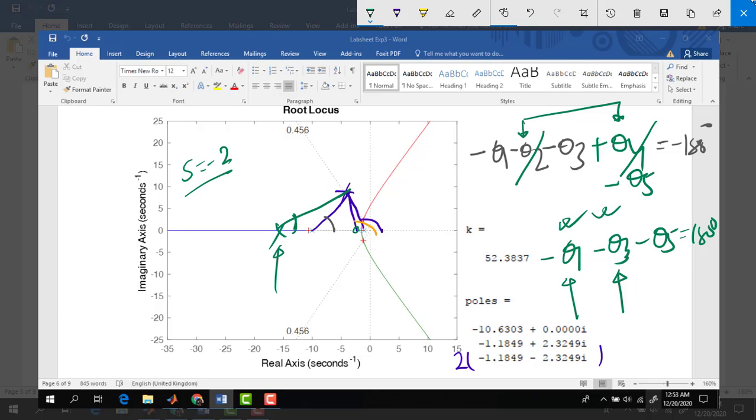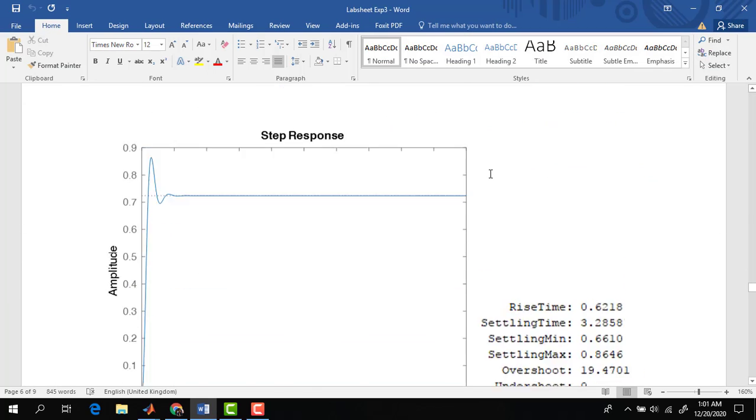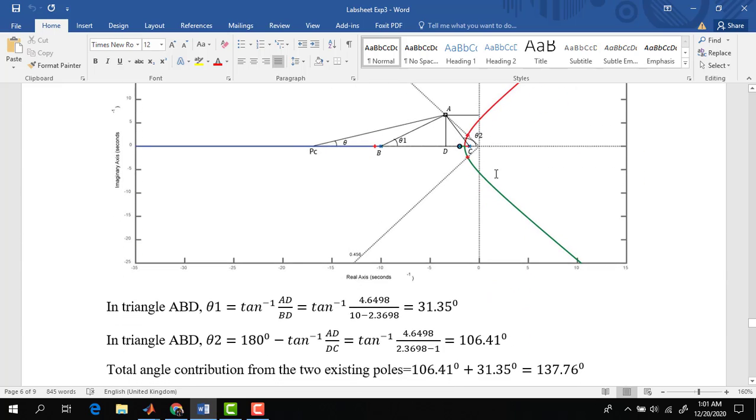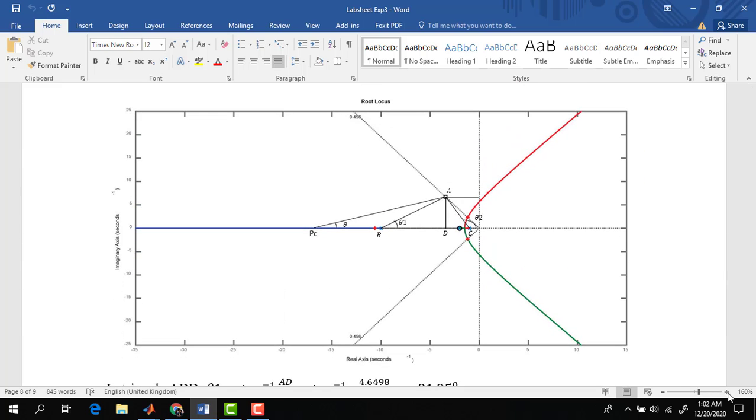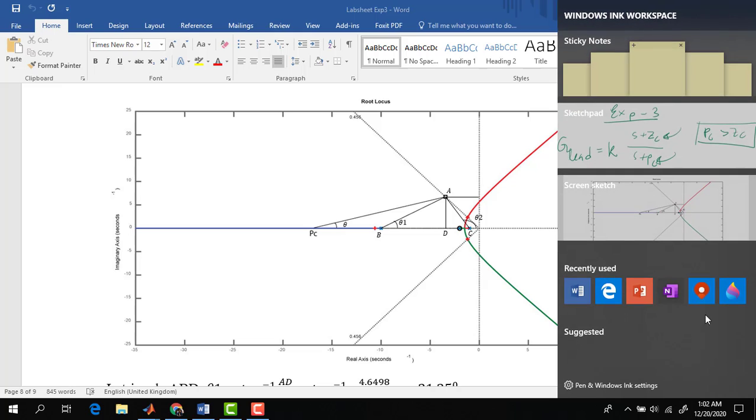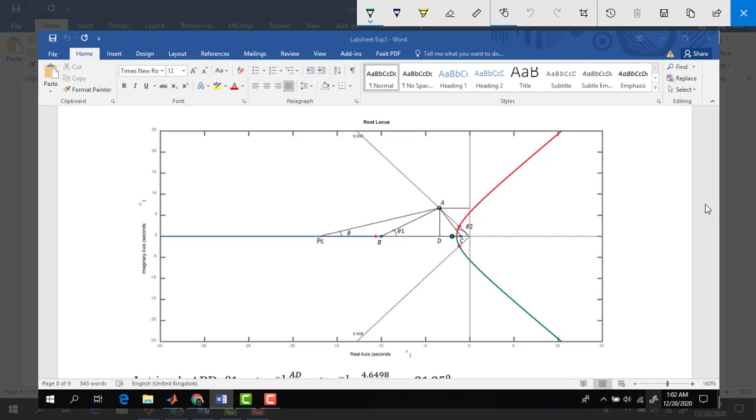So let's see. So this is the calculation. This is how you will need to do it manually. This A is the new desired point. As you can see, we have this point C, we have P, and we have PC.